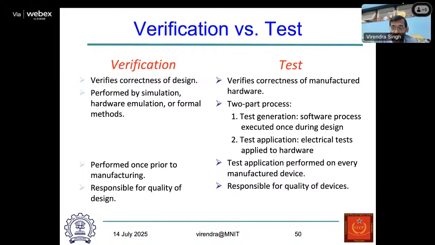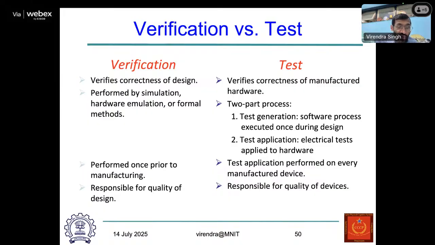However, each and every device has to be tested, and therefore these test vectors have to be electrically applied on each and every manufactured hardware. So that is like a recurring cost. If you are producing a billion chips, all billion chips have to be tested. Verification is performed once in the design cycle.